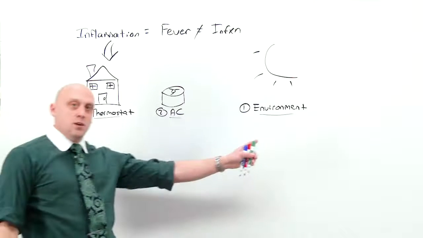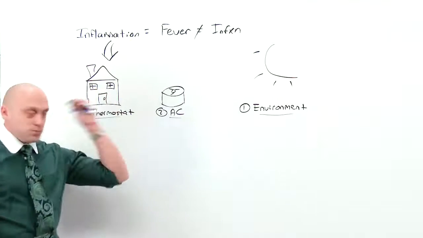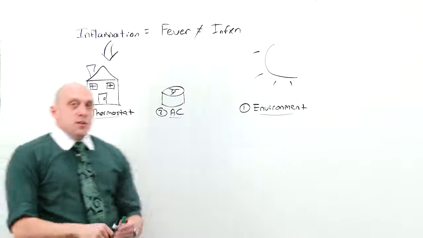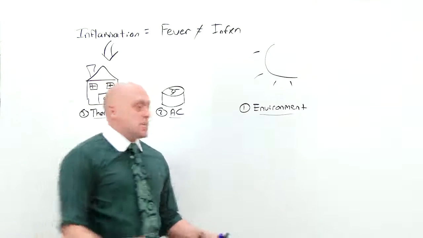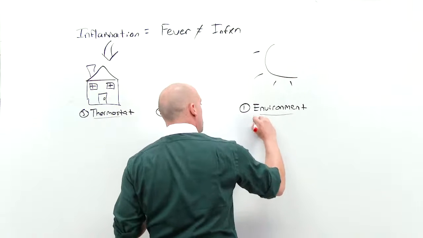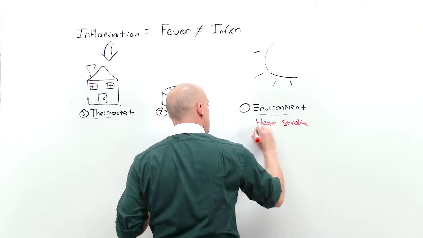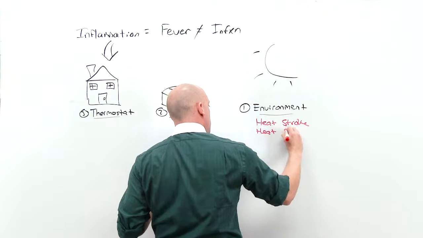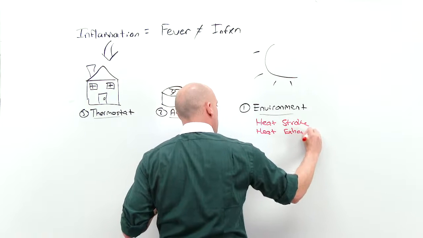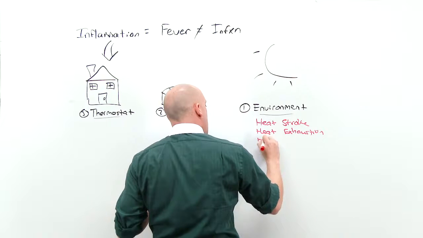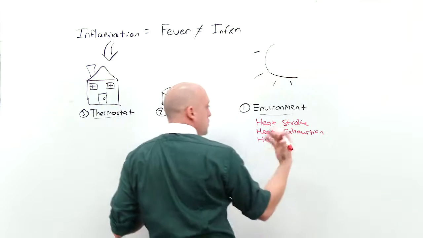So let's start on the left and work our way back over. The environment is the heats: heat strokes, heat exhaustion, heat exposure. And usually, internists don't see this.